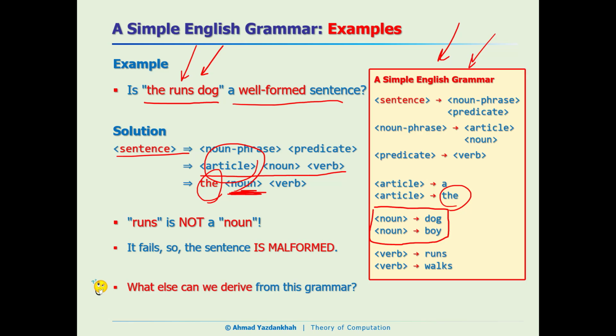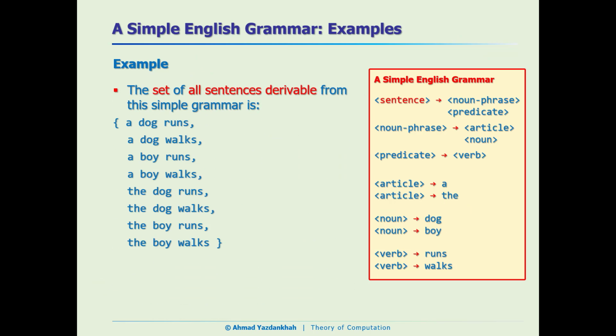Can I collect all of the sentences that we can derive from this simple English grammar? Yeah, we can do that. So here I collected all of the sentences that can be derived from this English grammar. A dog runs, a dog walks, and so forth. Yeah, I collected all of them and put them in a set.